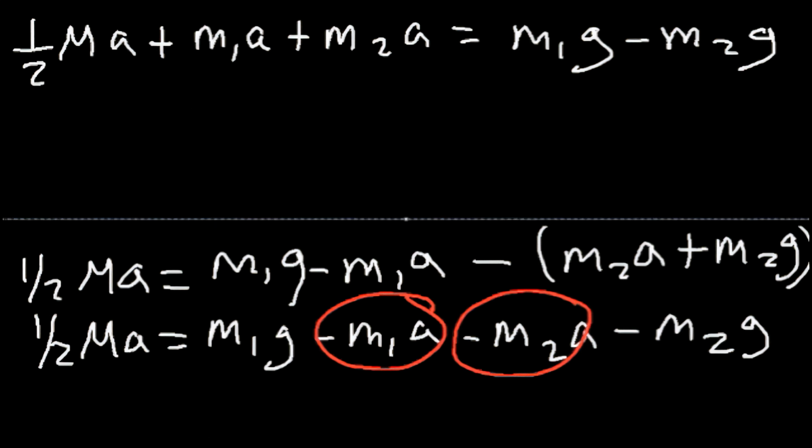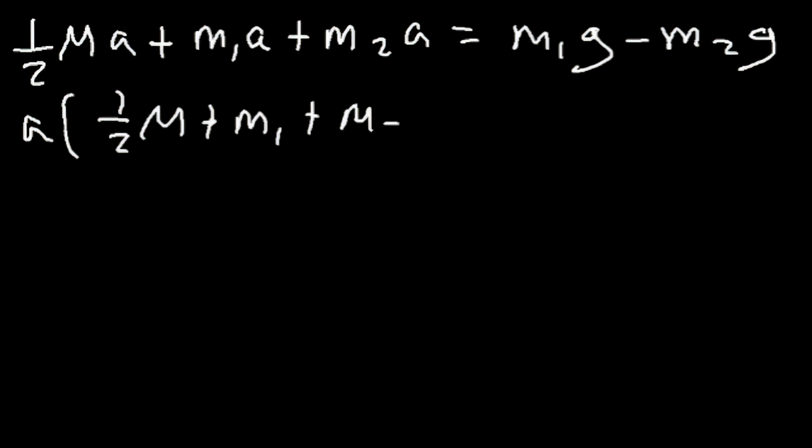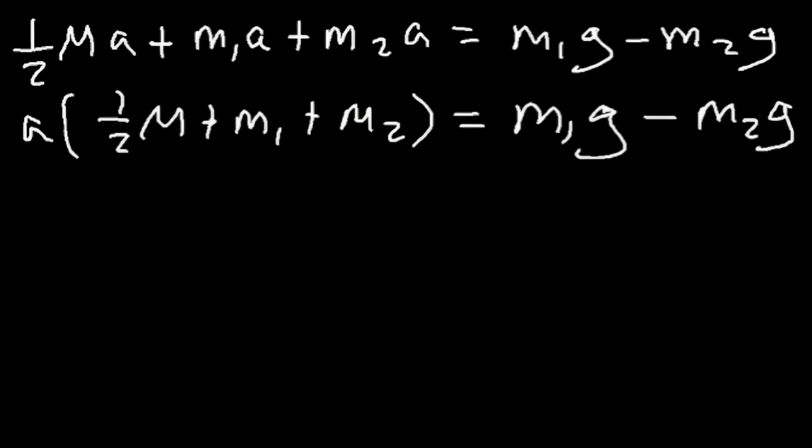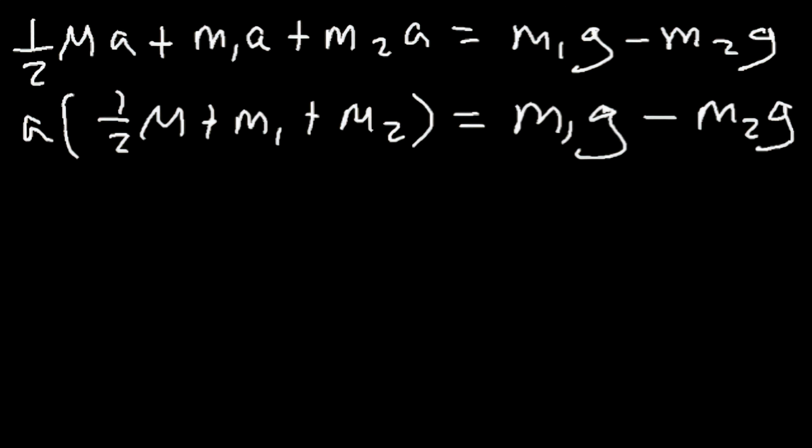So now at this point, we can factor out the GCF, the greatest common factor, which is a. So then it's 1/2 m plus m1 plus m2, and that's equal to m1g minus m2g. Now let's divide both sides of the equation by this term. So this will give us the final answer.